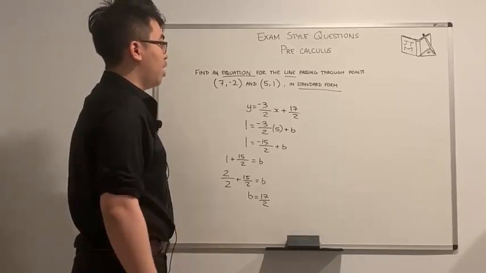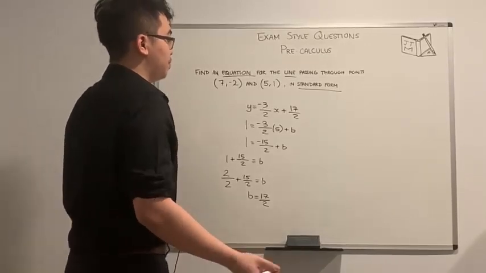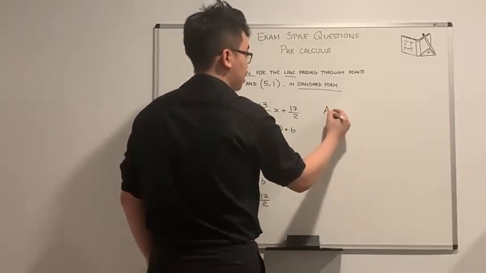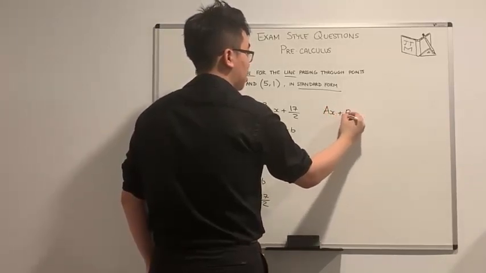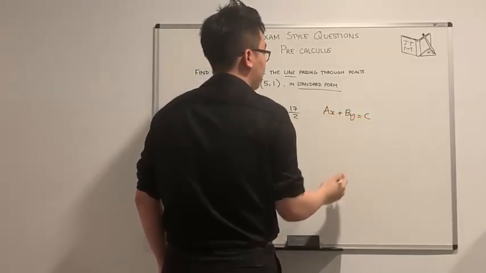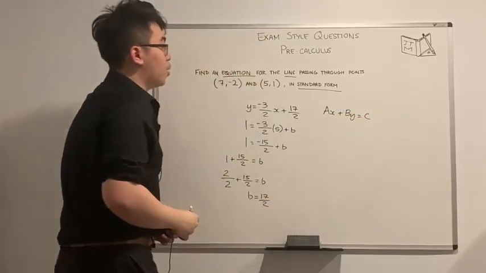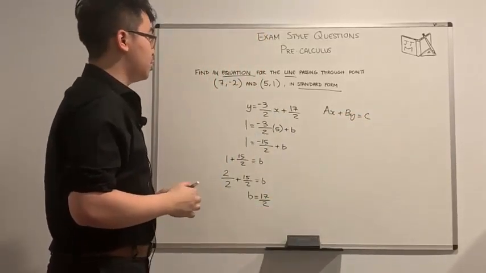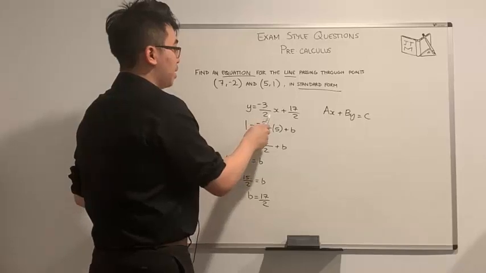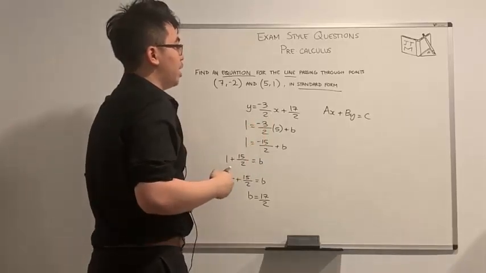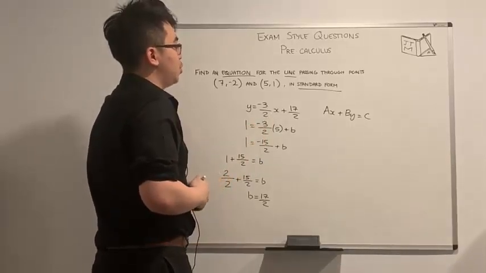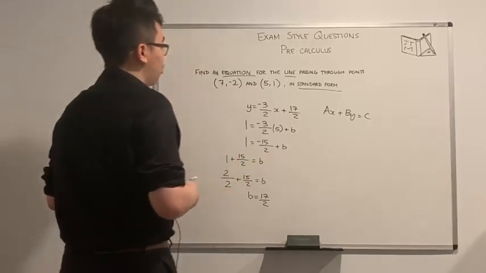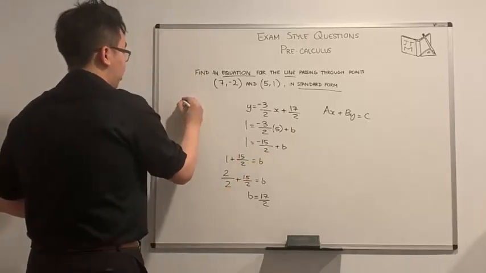However, we want our answer in standard form, which is going to be this: ax plus by equals c, where a and b are whole integers. So first we'd have to make this gradient into an integer in order to convert it into standard form. So let's go ahead and rewrite that over here.